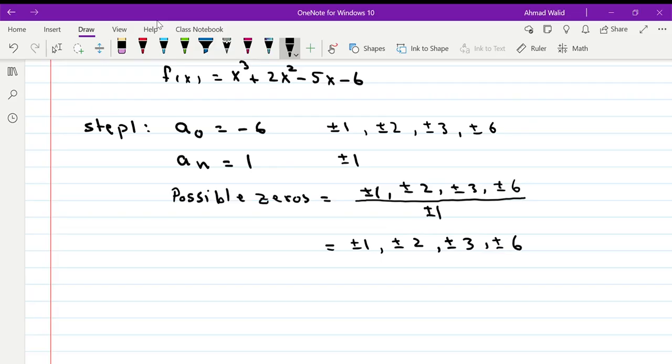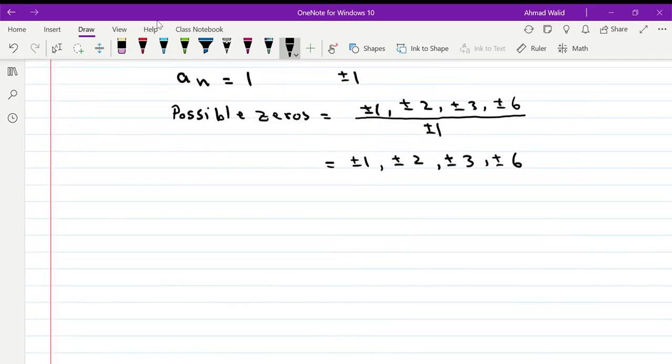Now, step 2. I'm using synthetic division to find the zeros. It is a long process. You have to use synthetic division with all these numbers that you have, with all possible zeros.